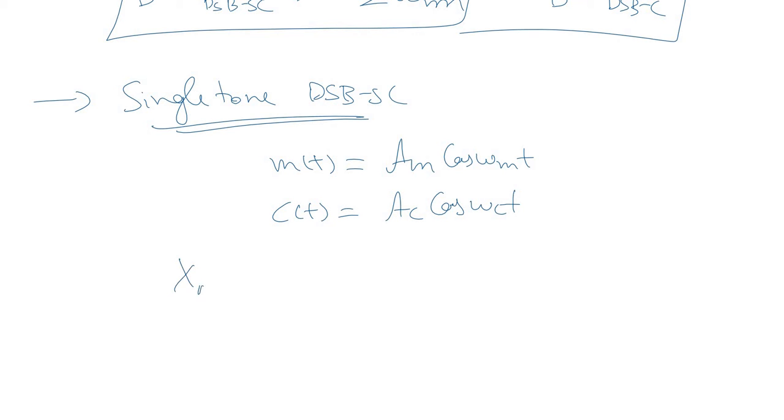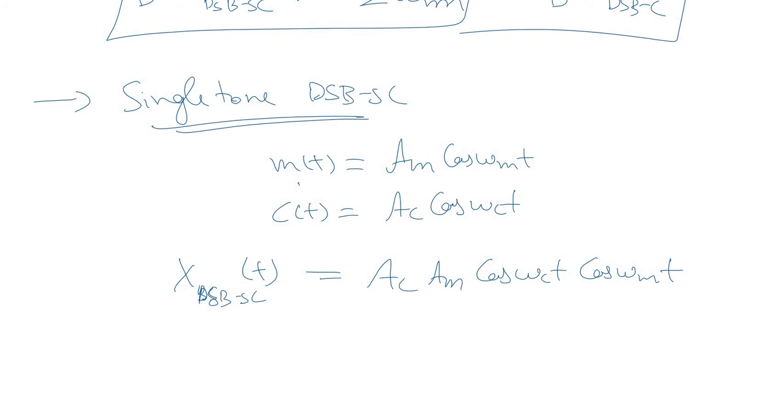So your DSB-SC, double sideband suppressed carrier signal in time domain, can be represented as multiplication of m(t) and c(t). So that will give us Ac Am cos omega c t into cos omega m t, right?